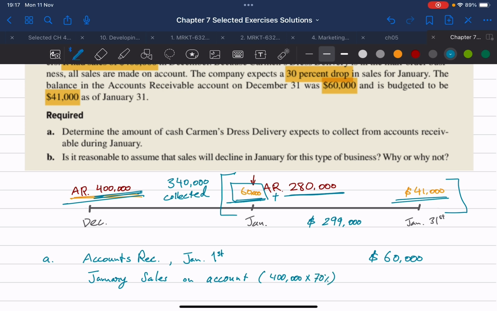And where did I get this 70% from? It's 100% minus 30%. Okay, so that's going to give me 70%. And that amount, as we have already calculated, is 280,000.